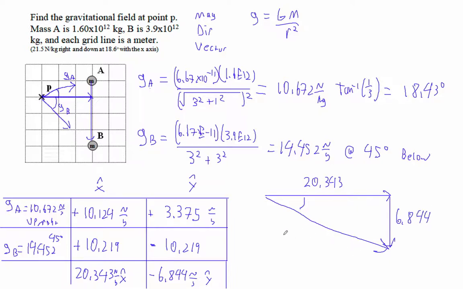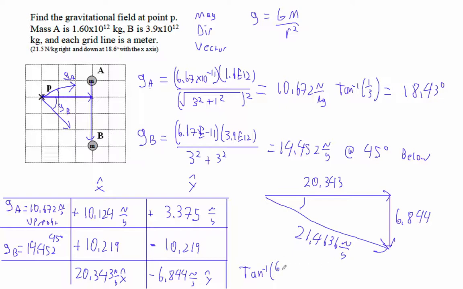And the hypotenuse is going to be the square root of 20.343 squared plus, and I got to put this negative number in parentheses because of the dang TI calculator. All right, here we go. Just be careful there. 21.464636 newtons per kilogram. Okay. That's my magnitude, right?